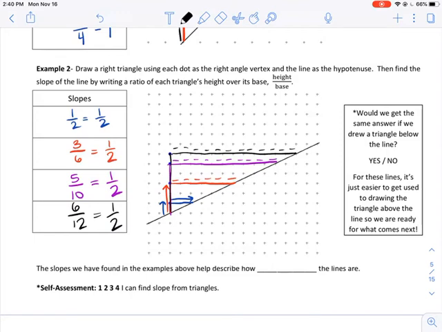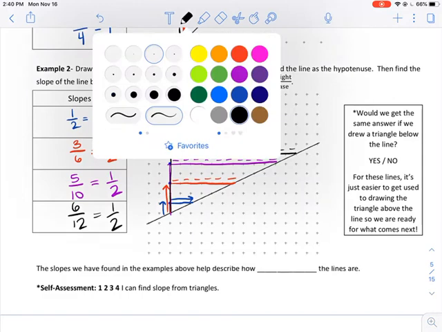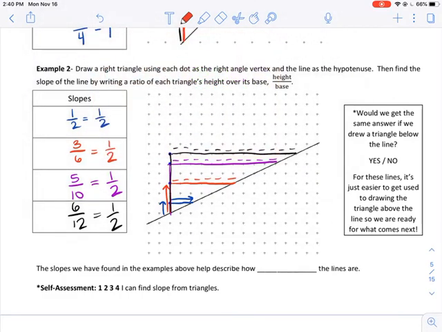Now, would we get the same answer if we drew a triangle beneath? Now we're freehanding. I have students who ask, does it matter which triangle I draw? And sometimes I want to be like, yes, it does, or no, it doesn't. Well, let's just try it out. 1, 2, 3, 4, 1, 2. Okay, this is a little harder because I kind of like to read left to right.